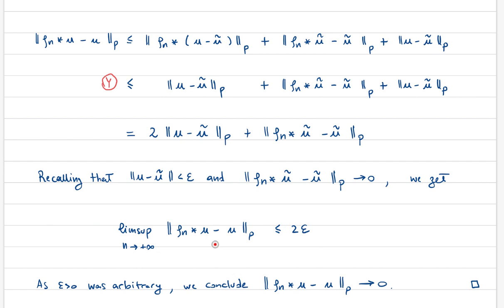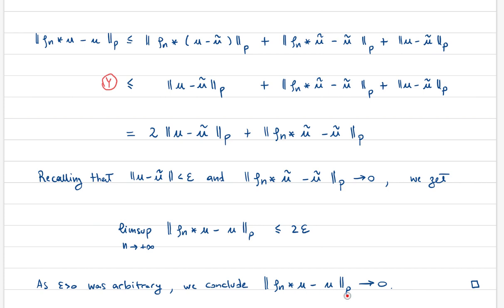So the lim sup of this is 0, and concluding that the limit is 0 because we just showed that lim inf is larger than 0, then lim inf is smaller than lim sup, and lim sup is going to 0, then it means that the limit exists and it's 0.